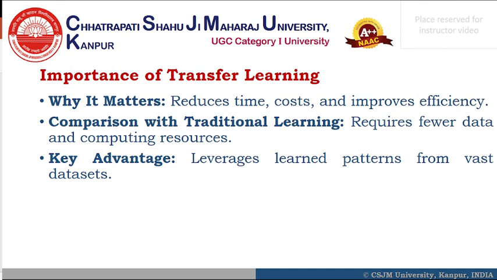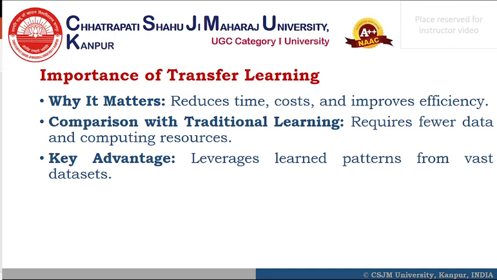So, what are the key advantages? The biggest strength of transfer learning lies in its ability to leverage patterns learned from vast datasets. A model trained on a large dataset like ImageNet, which has millions of images, can identify general visual patterns such as edges, shapes, and textures.